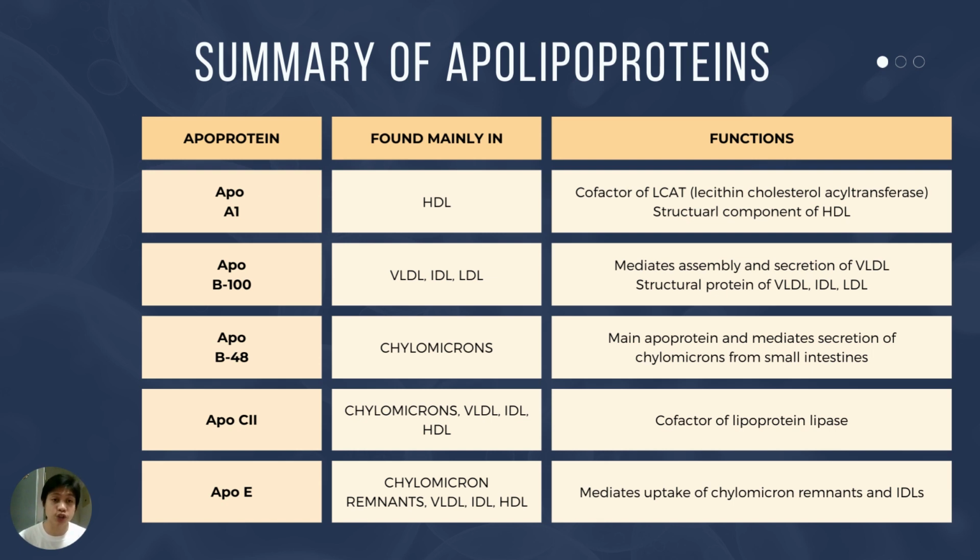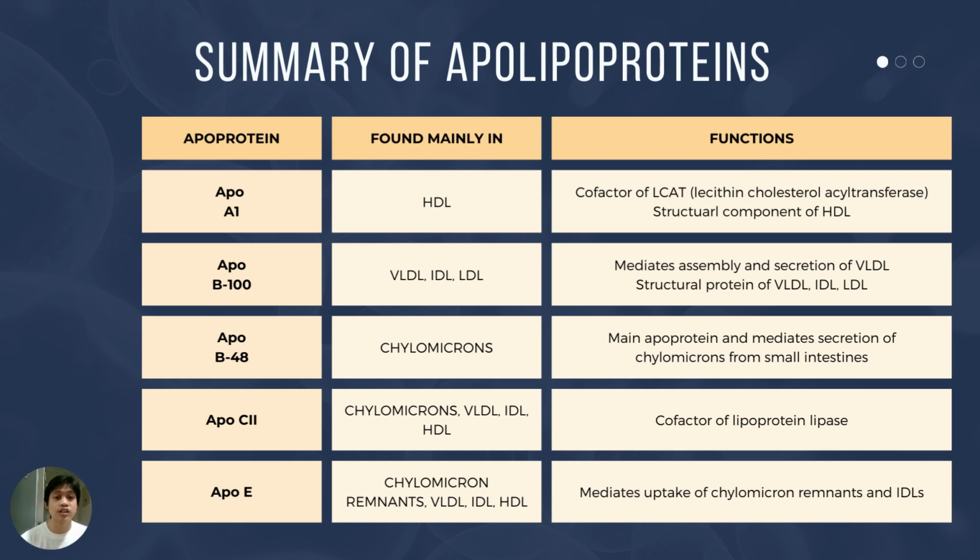Apolipoprotein B100 is found in VLDL, very low density lipoprotein, intermediate density lipoprotein, and low density lipoprotein. It mediates the assembly and secretion of VLDL. ApoB48 is found in chylomicrons, and it is the main apoprotein which causes secretion of the chylomicron.